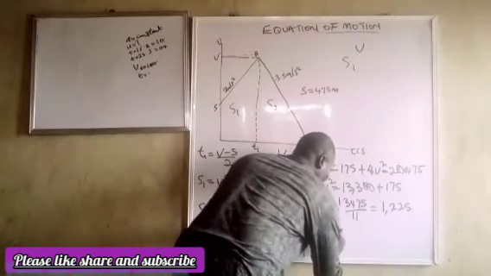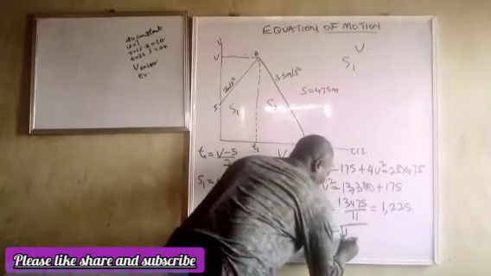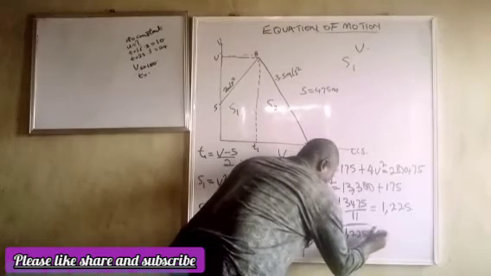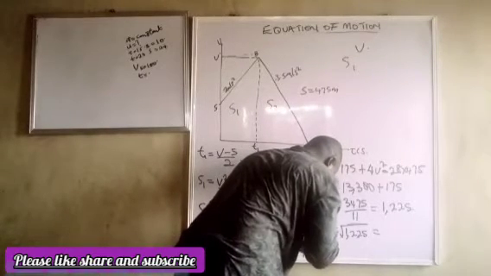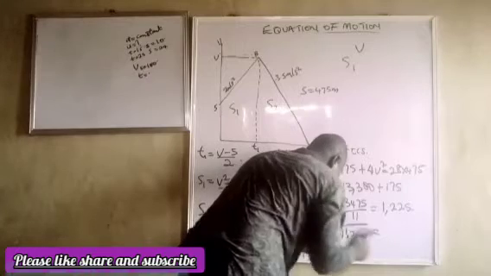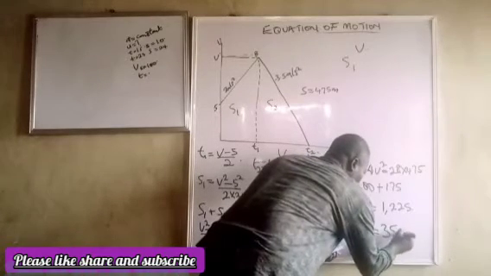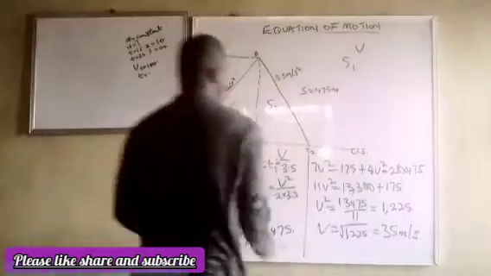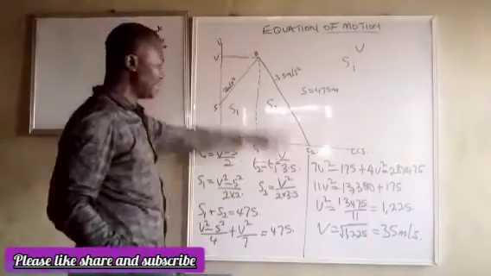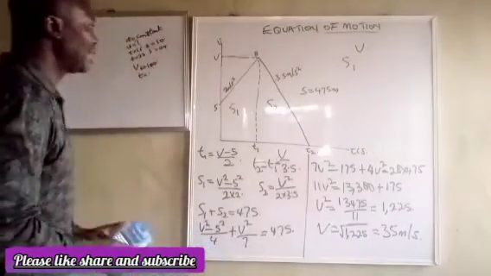So V is equal to the square root of 1225, which is equal to 35 meters per second. So the velocity at B is 35 meters per second.